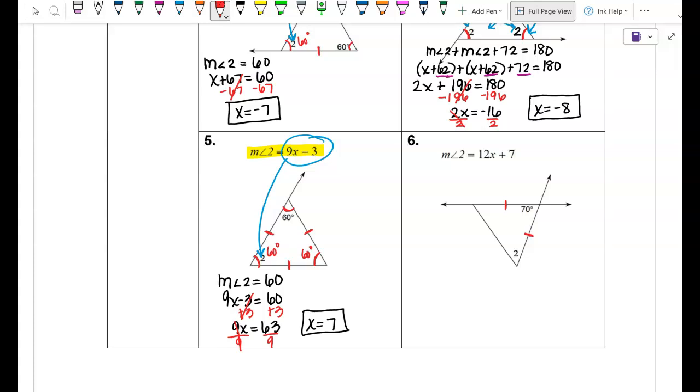And if I have an isosceles triangle, that means the angles opposite those sides are also congruent. So if the angle on the bottom right here is angle 2, that would mean that is also angle 2 if they're congruent. So again, here I have the measure of angle 2 plus the measure of angle 2 plus 70. It has to add up to that 180.